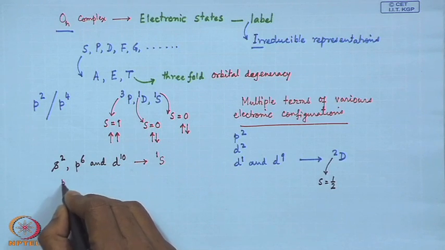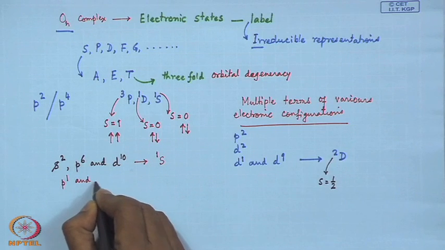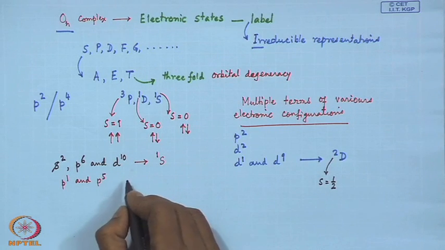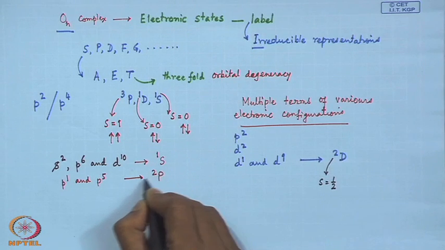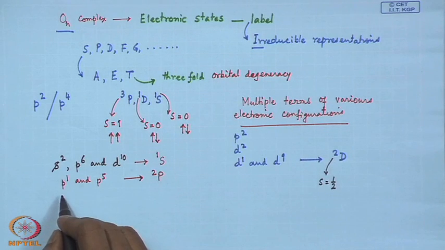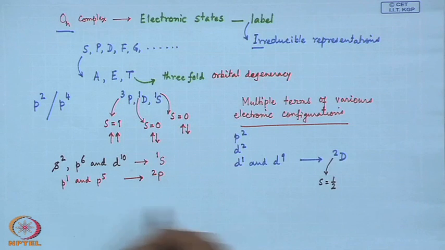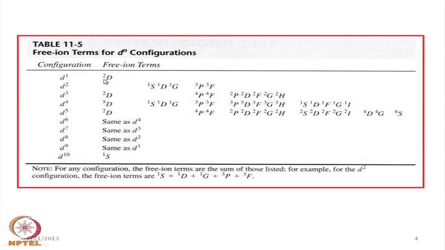Similarly, for p1 and p5 we will have a corresponding 2P term, and next we see what it should be for p2, p3 and for the different d levels. So, for the d configurations, these are the electronic configurations and their corresponding free ion terms.